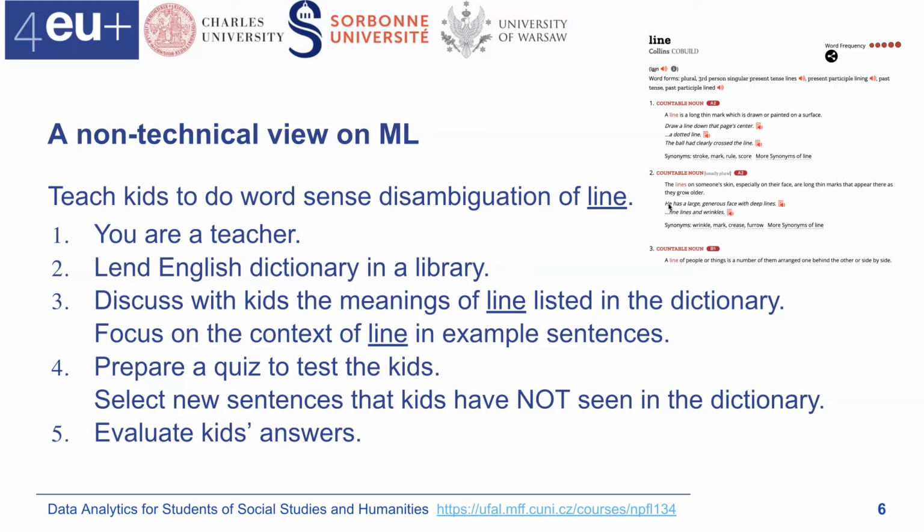So both sentences they are familiar with and sentences they have not seen. And the final step is to evaluate the kids' answers, to simply count the number of line occurrences they classify correctly and incorrectly.